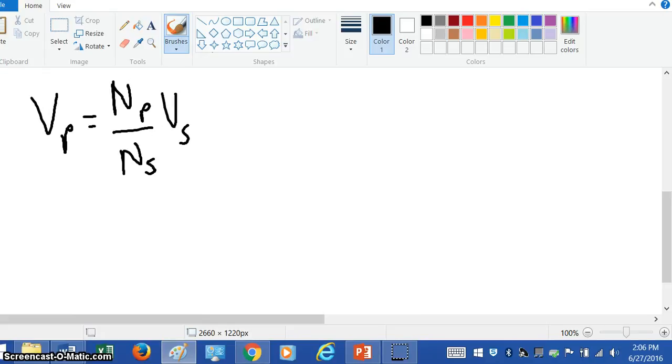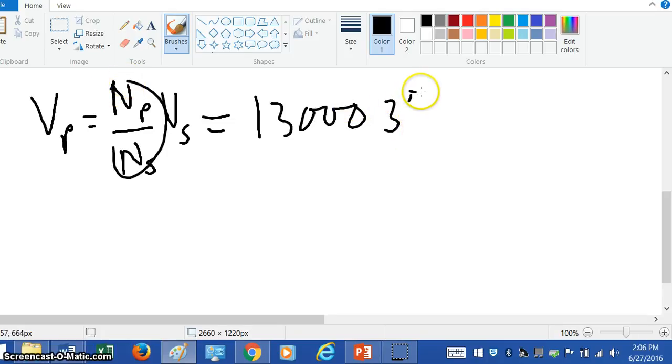So we could actually solve for the voltage in the primary. This is going to be 13,000, remember, that's what this part is, times 350 volts.